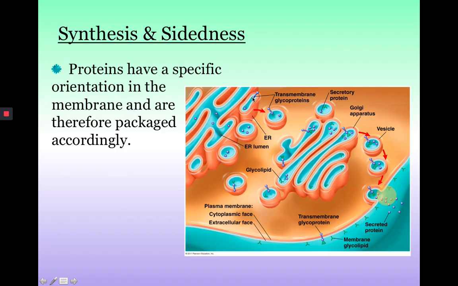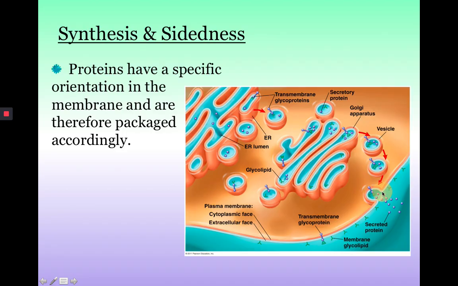I have to make sure that the glyco part, the sugar part, is on the inside of the ER so that it can become the inside of the vesicle that transports it to the Golgi. So it could be on the inside lumen portion of the Golgi, so it can be on the inside of the secretory vesicle, so it can be on the outside of the cell. Okay?